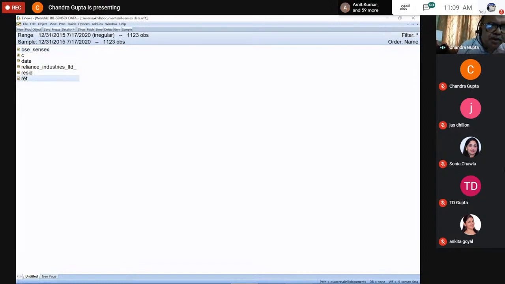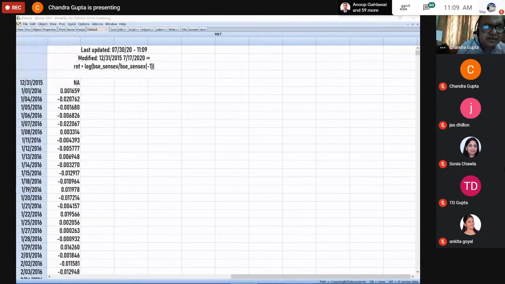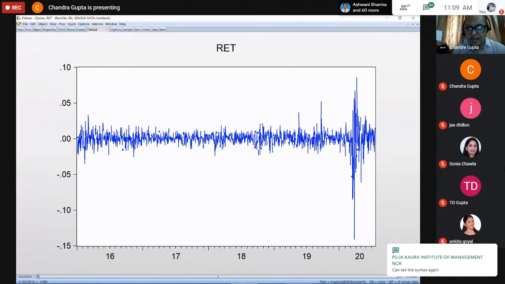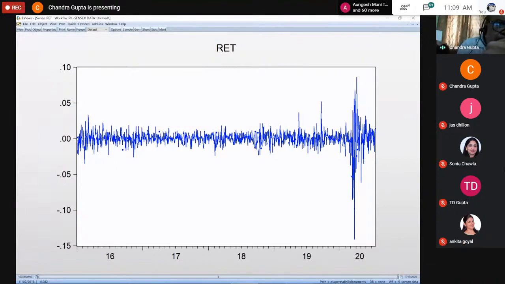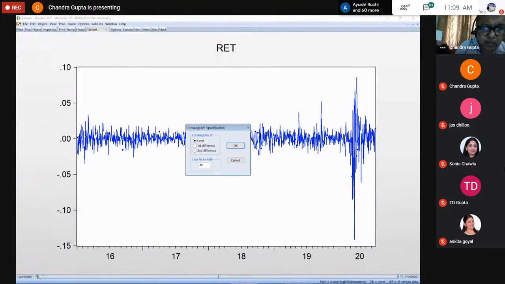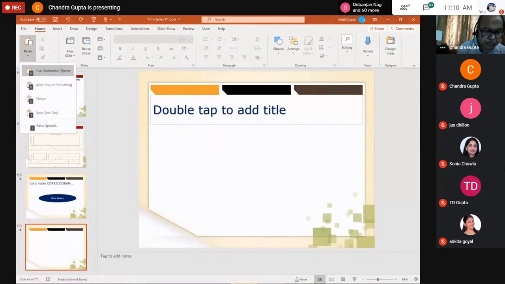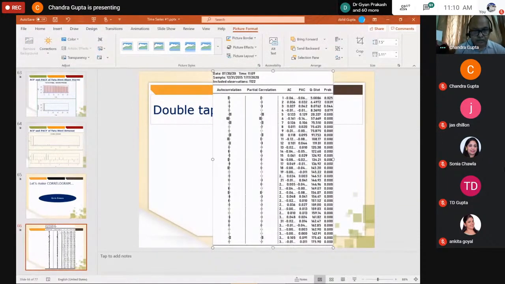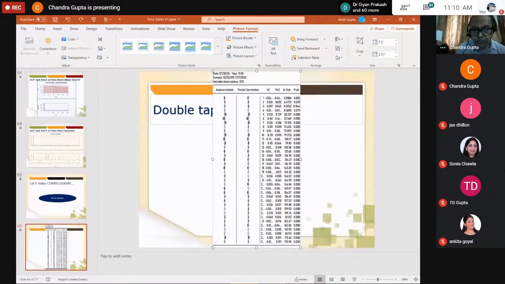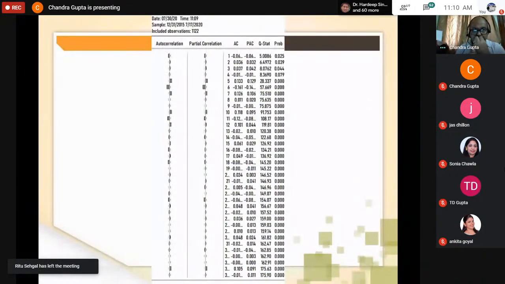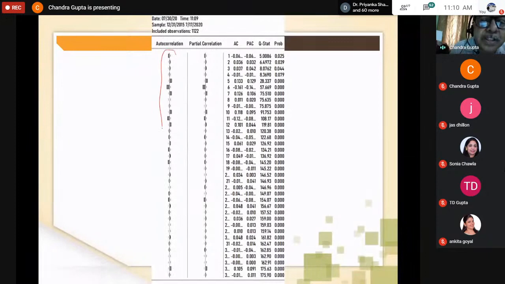Double click on it, open it up, go to view, make a graph of it, and you will see what the graph looks like. See, the price behavior and the return behavior is altogether different. Now, if we make a correlogram of it, how does it look? Look here, the behavior is altogether different.